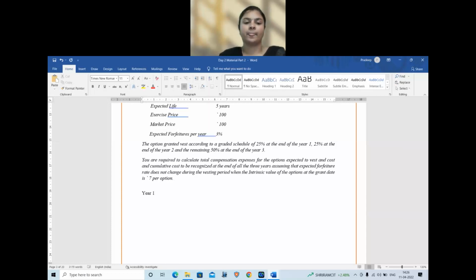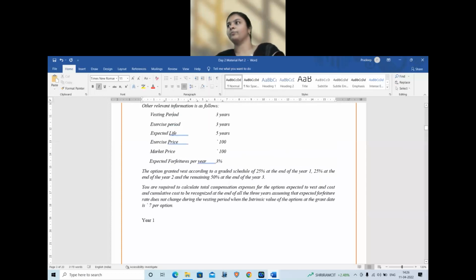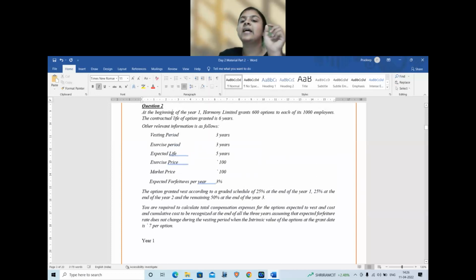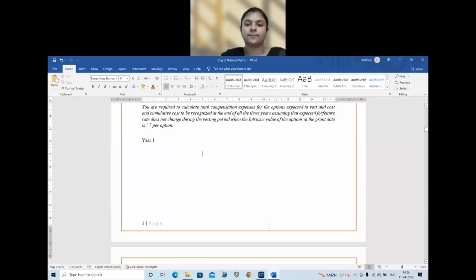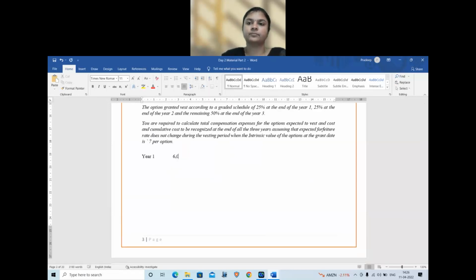Year 1, okay, 3% is exclusive. Year 1, let's understand, 600 options to its 1,000 employees. So total number of options is going to be 6 lakhs, of which 25% alone will be vested.